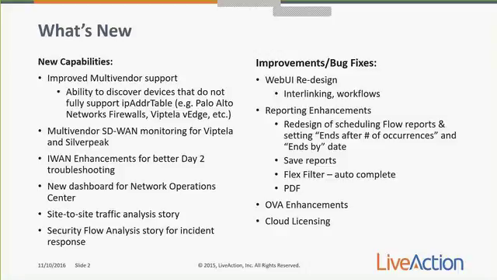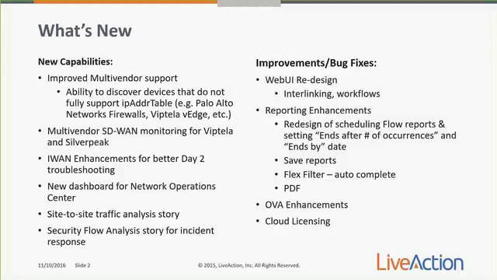So first off, what's new in Live Action LiveNX version 6.0? Well, LiveNX is really a visualization and analytics platform. And as such, we worked very diligently to improve our multi-vendor support. So we added in the capabilities and enhancements to discover devices that don't fully support, for example, the IP address table in the MIB.